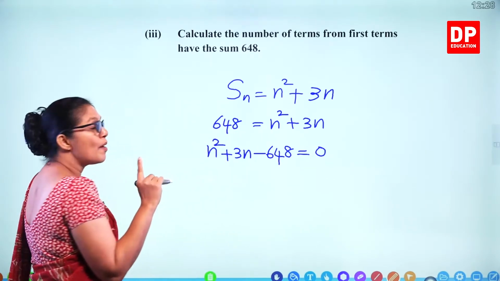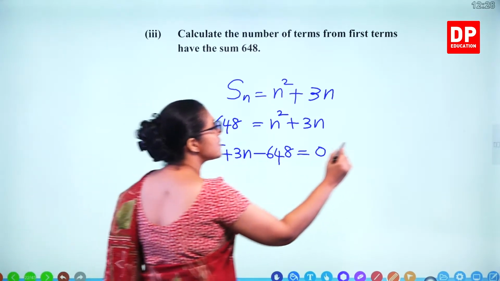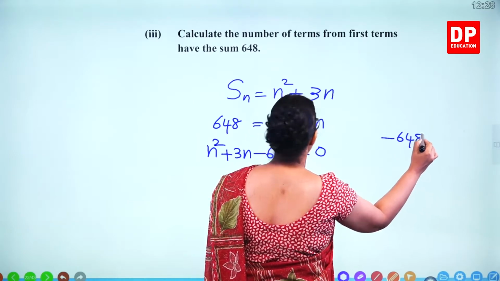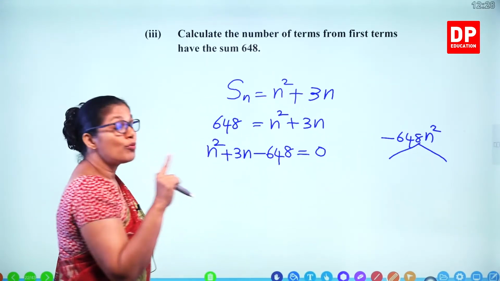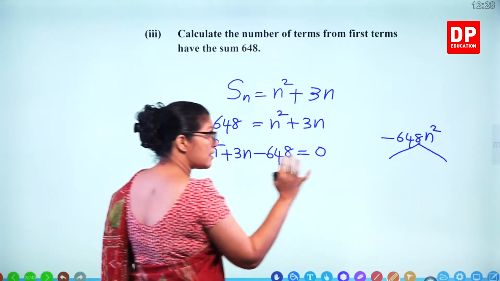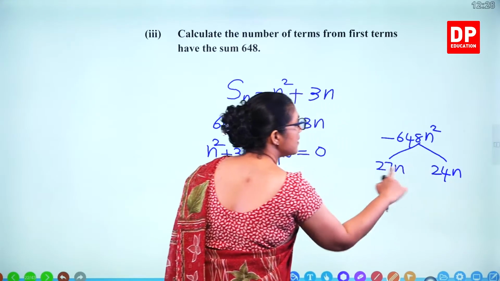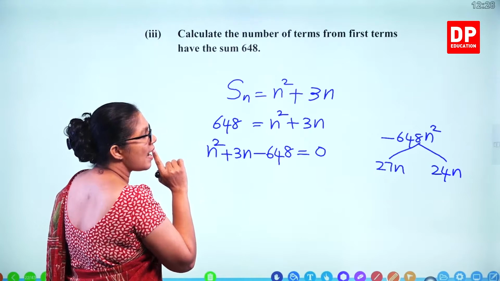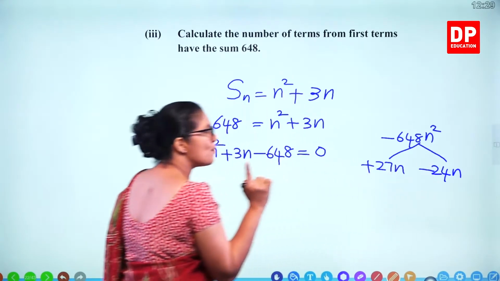So you have to multiply and find the proper factors. Minus 648 n squared, find the factors. You can do the division and find out. So the factors are 27 and 24n. The difference is 3. And which one is positive? The bigger one is positive, the other one is negative.